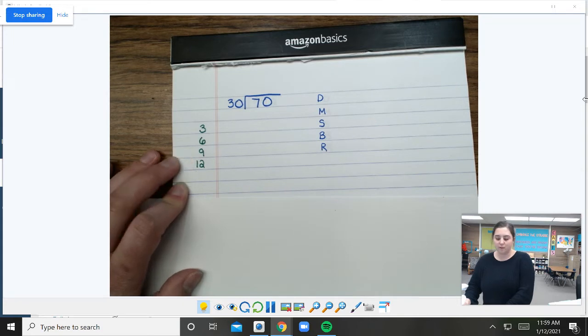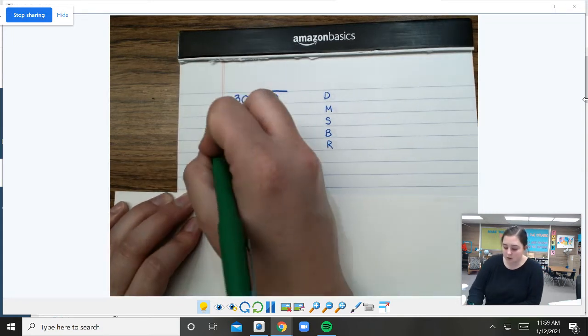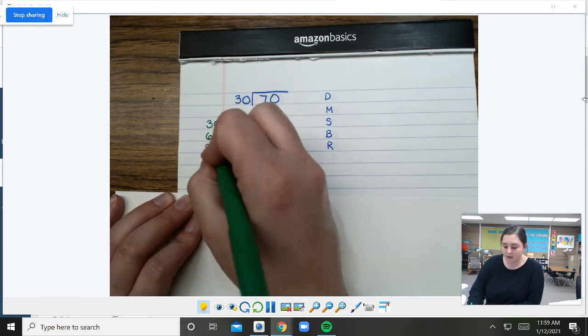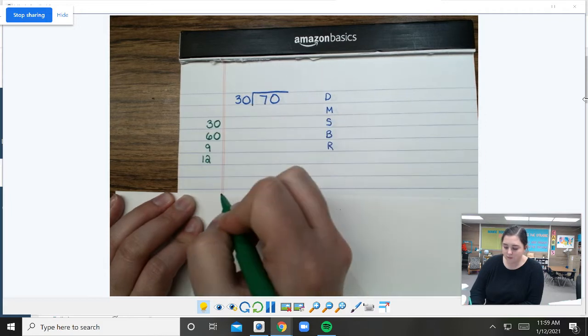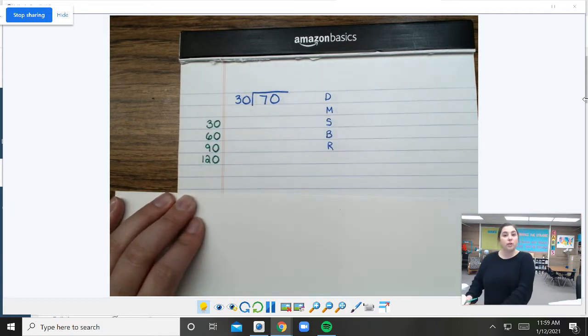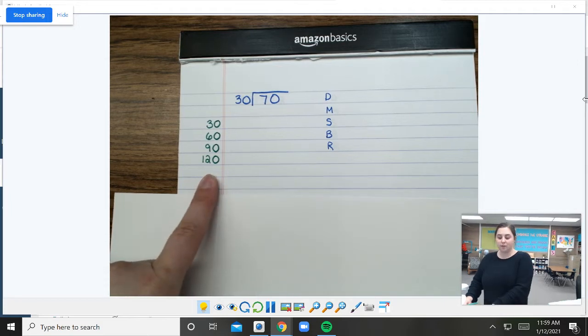I'm going to stop there. Counting by 30s, look what I'm going to do. Add a 0. Look, I made it a 30. Add a 0. Add a 0. Add a 0. So counting by 30, I would have 30, 60, 90, 120. All the numbers just got 10 times bigger.